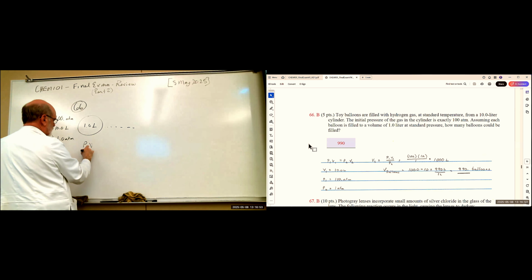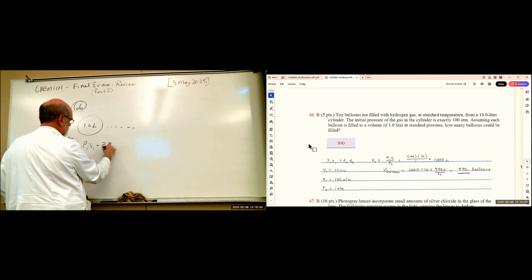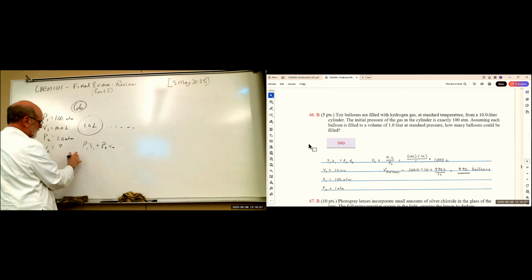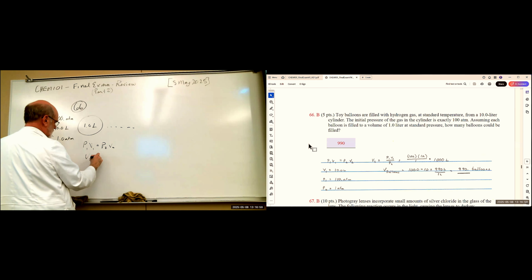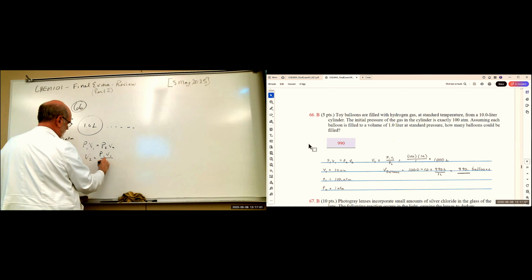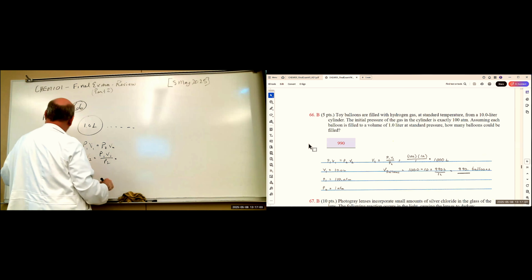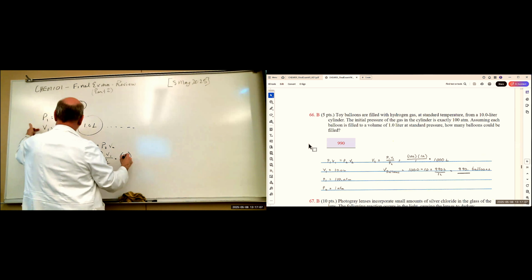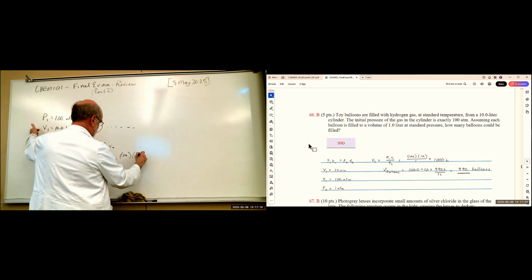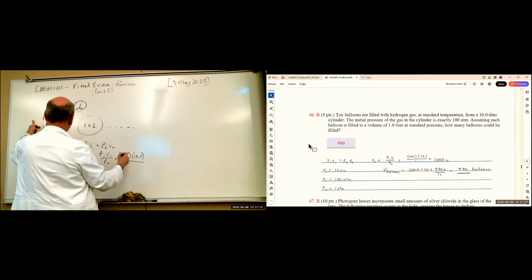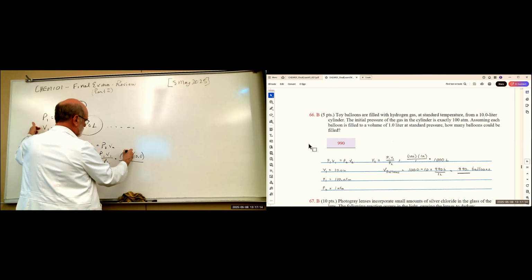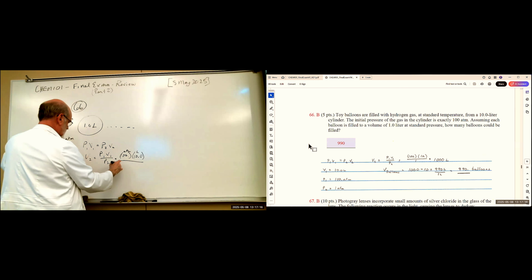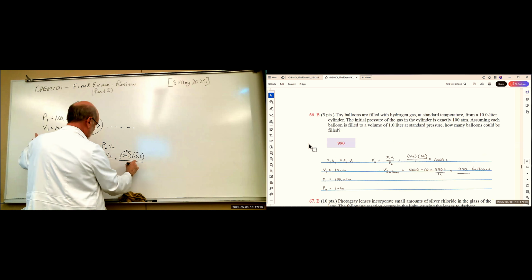So if we take Boyle's law and solve for the unknown, we have 100 atmospheres times 10 liters, divided by 1 atmosphere.